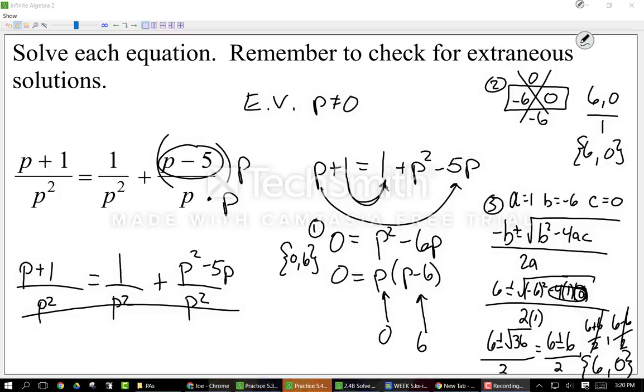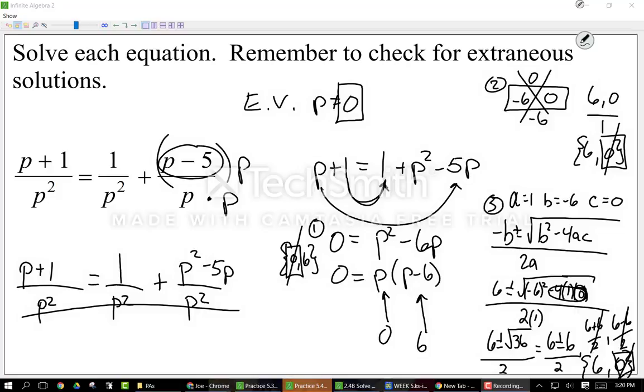Now, here's where extraneous solutions come into play. My excluded value was 0. One of my solutions was 0. In each one of these, a 0 is in there. So because those are the same, that means my actual answer is only the 6.